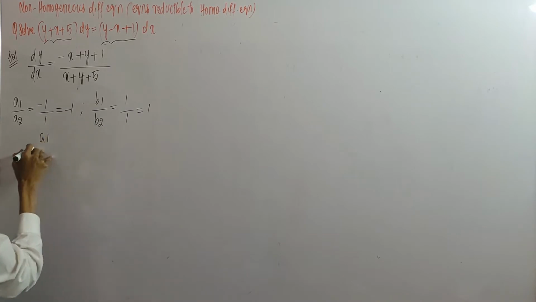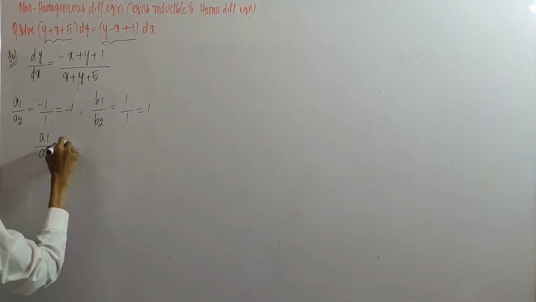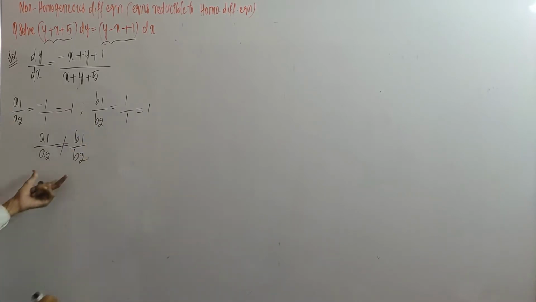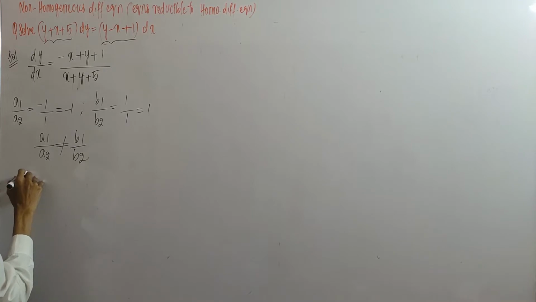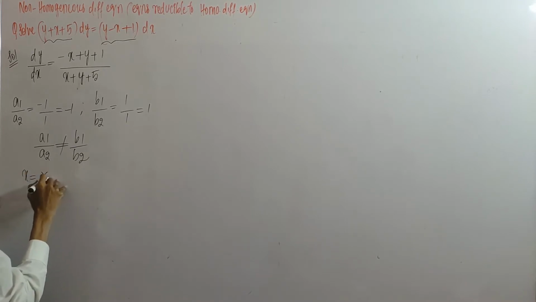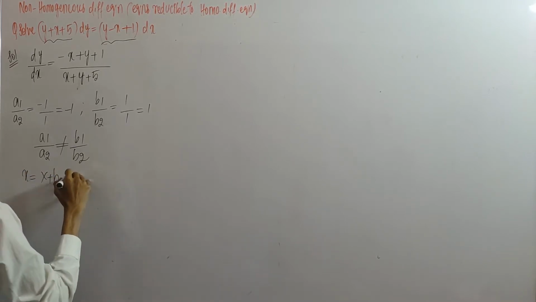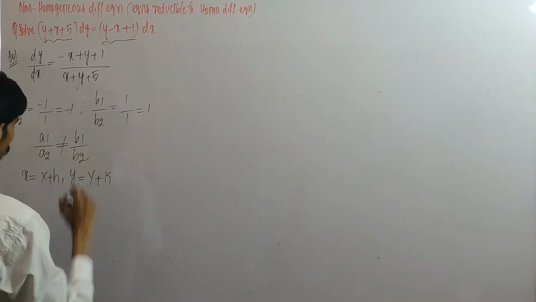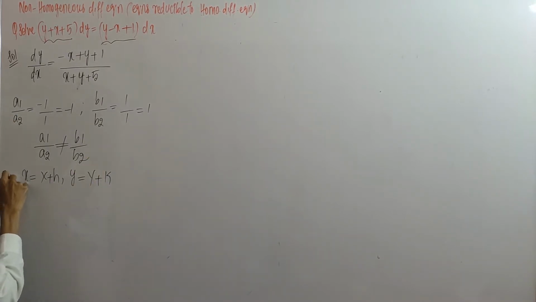It means that a1/a2 is not equal to b1/b2. For this case, we have small x = capital X + h, small y = capital Y + k. So substitute these values.